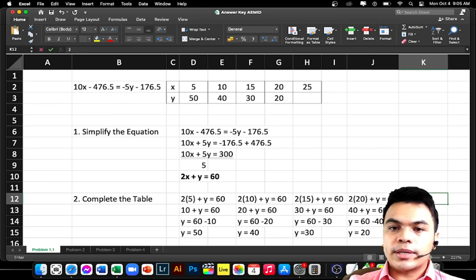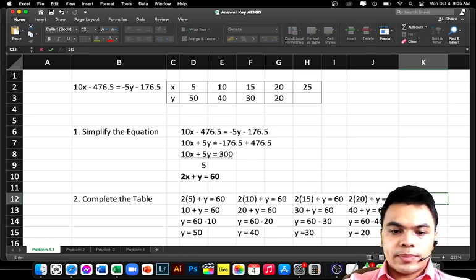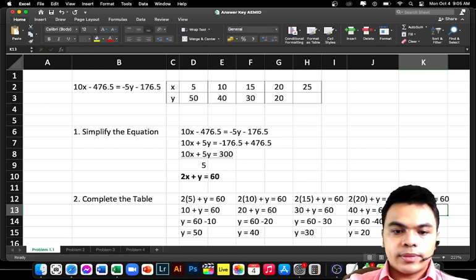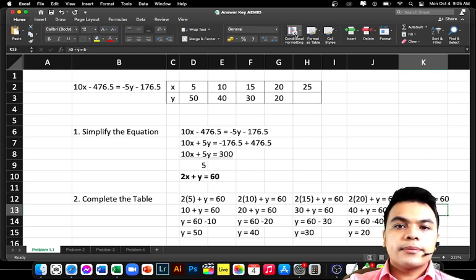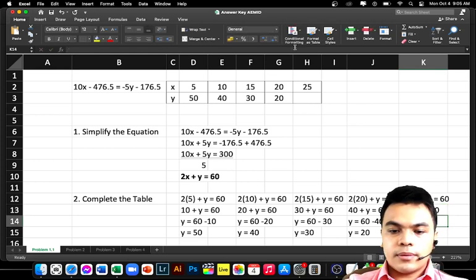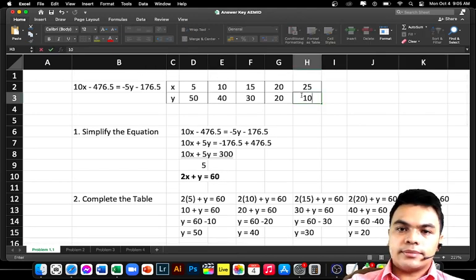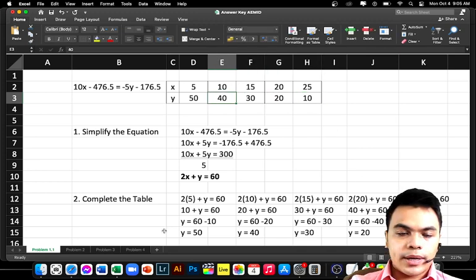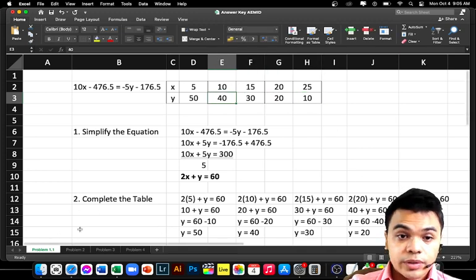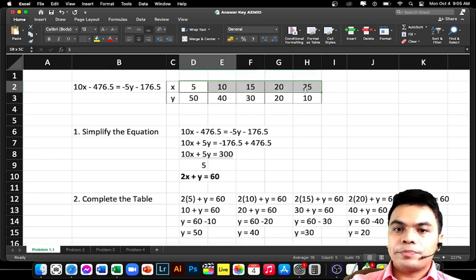Pero let's just compute para sure. So 2 times 25 plus y is equal to 60. That is 50 plus y is equal to 60. Y is equal to 60 minus 50. And y is equal to 10. Okay, 10. All right. So we are done with the second requirement, completing the table.